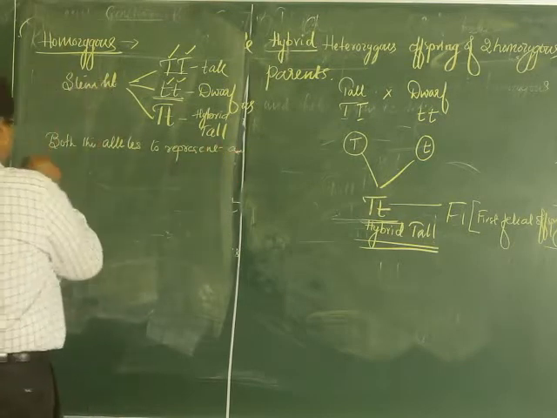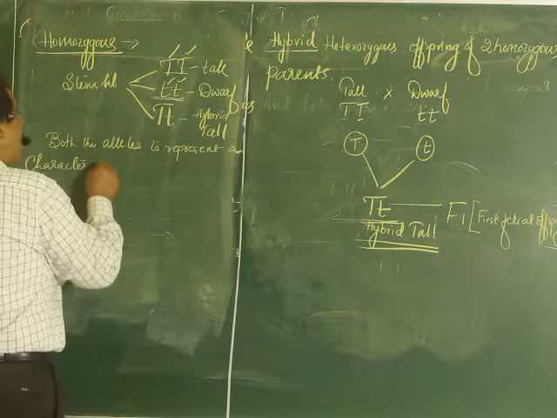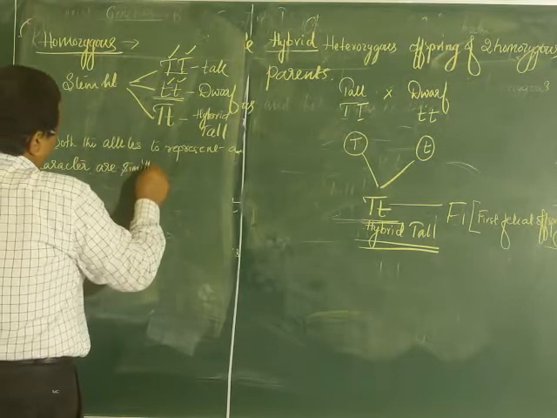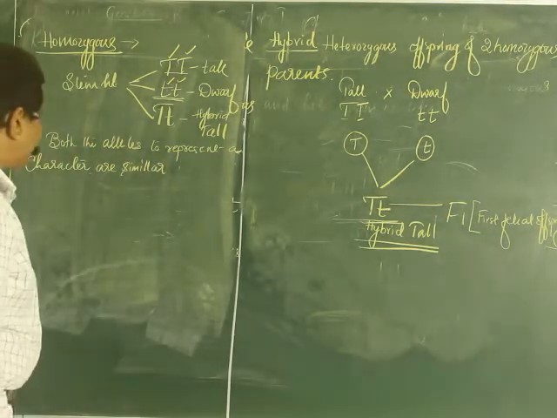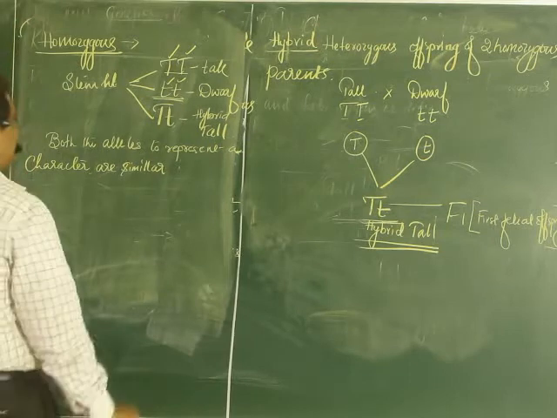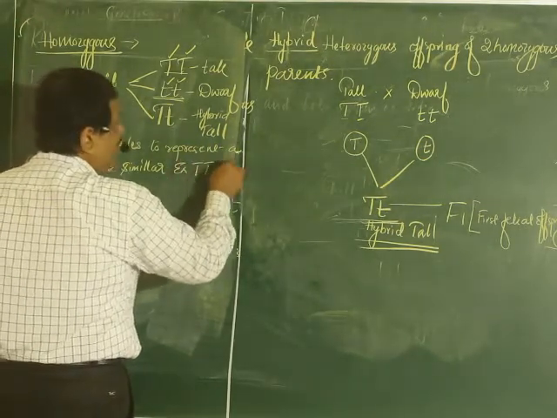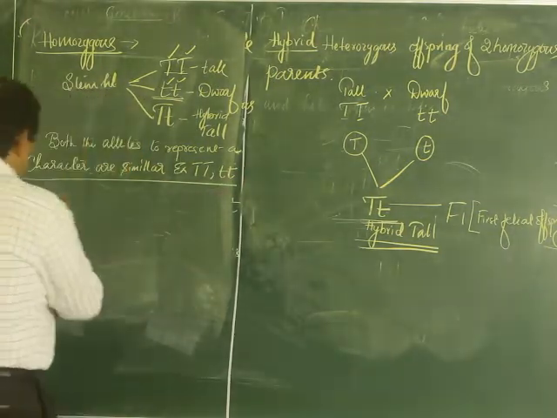Both the alleles to represent a character are similar. For example, capital T, capital T or small t, small t. Then heterozygous.